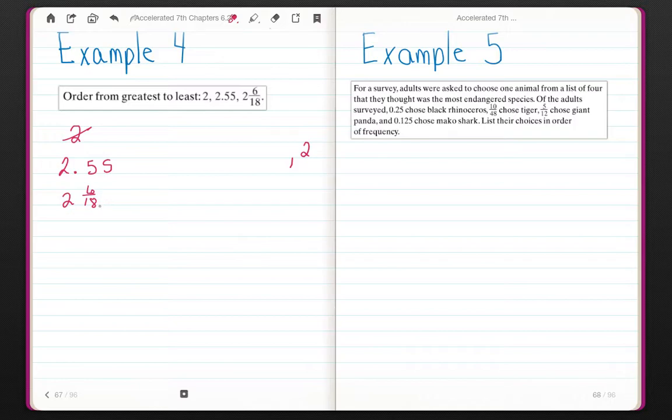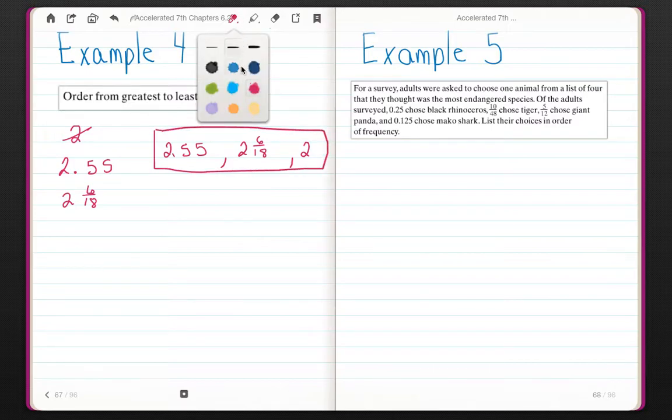Well, 6 is less than 9, so this has to be less than a half. So that tells me that 2 and 6/18 has to be less than 2.55. So order from greatest to least, 2.55, 2 and 6/18, and 2.